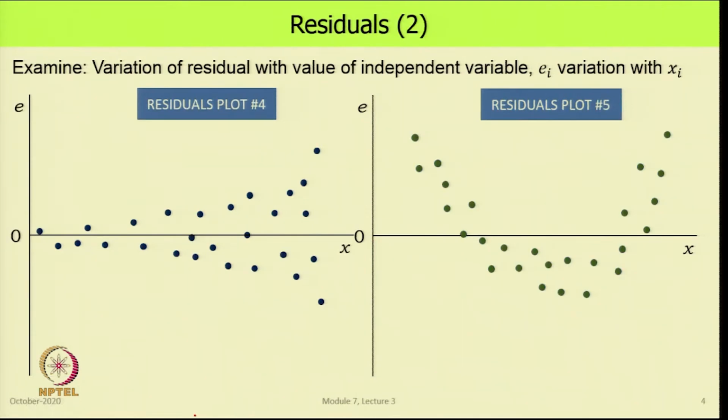So, here is the first plot, where x is in this direction and this side is e. What we see is a trend that as x goes on, in general the residual spread is increasing.